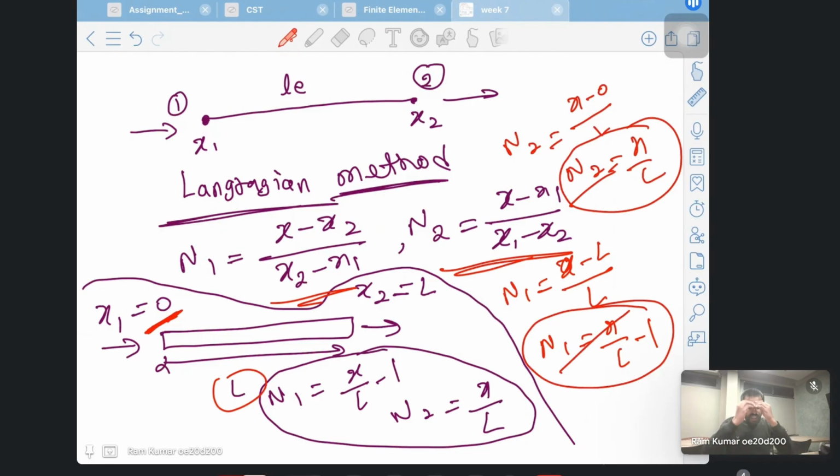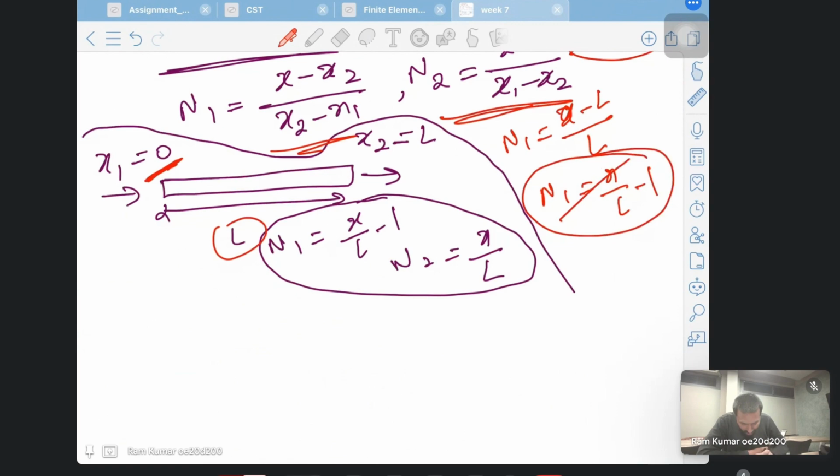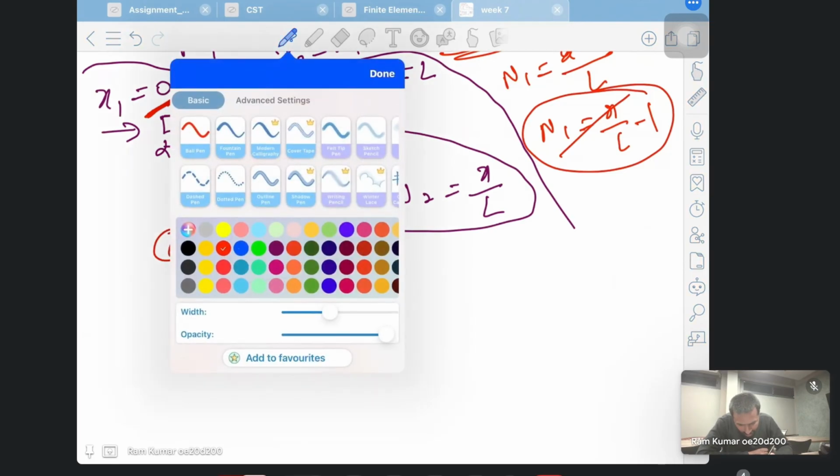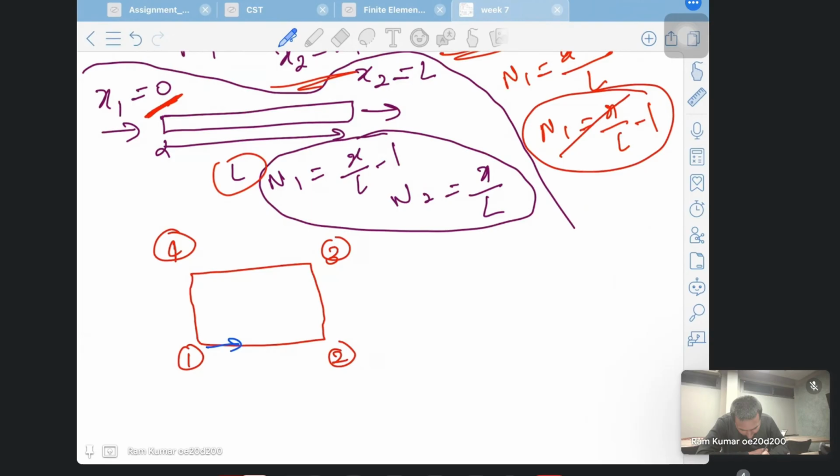Now, this is only in one direction. For example, we have a 2D element. This is a 2D element with node 1, node 2, node 3, and node 4. So this is moving in two directions, so each node will have x and y.